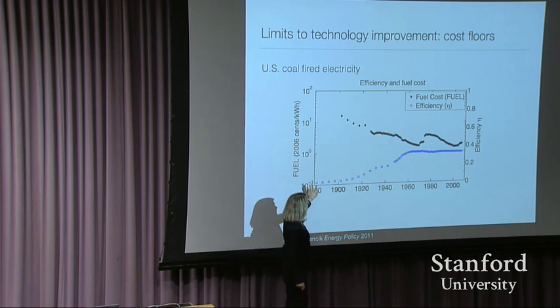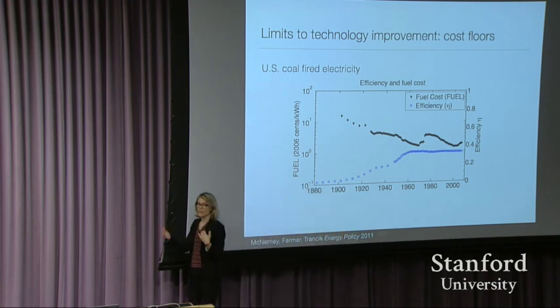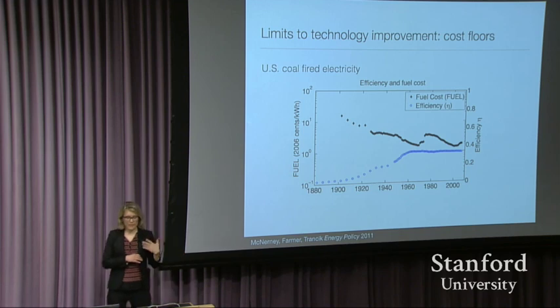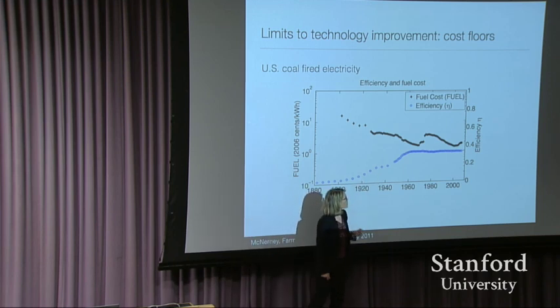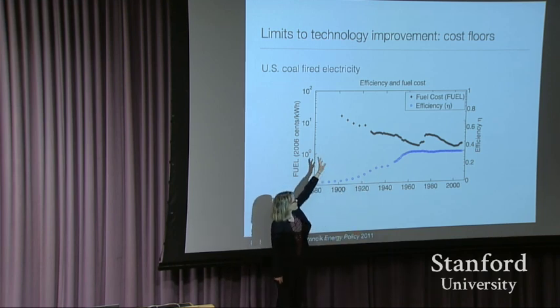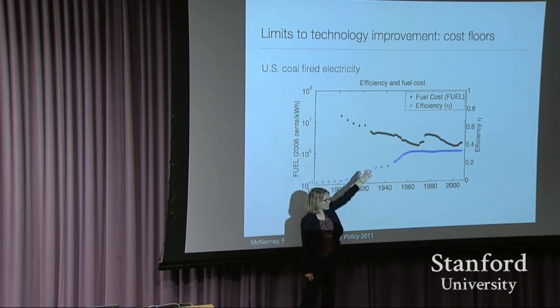And so we had an increase in the conversion efficiency of coal-fired power plants from about 3% in 1882 to about 30% in 1960, and then this leveling off over time. And the effect that had was to level off the fuel cost.